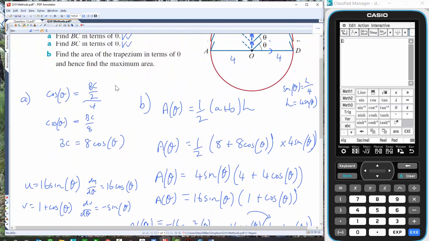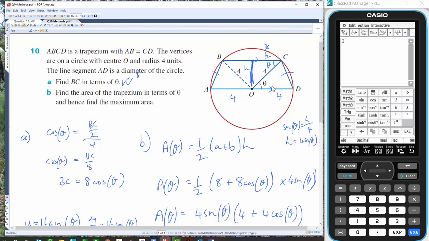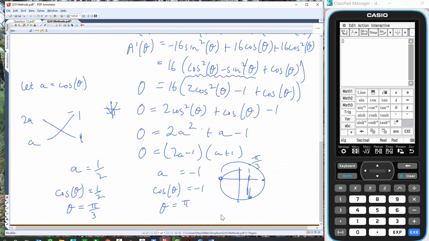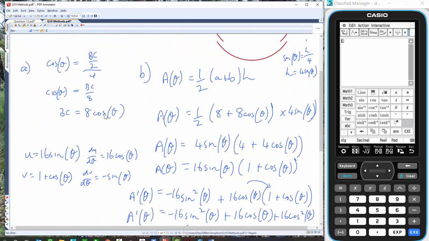But if you consider what we're actually looking at here, this theta value has got to be between 0 and pi on 2, or 0 and 90 degrees, for it to be an appropriate one. So actually, theta is an element from 0 to pi on 2, therefore theta equals pi on 3.